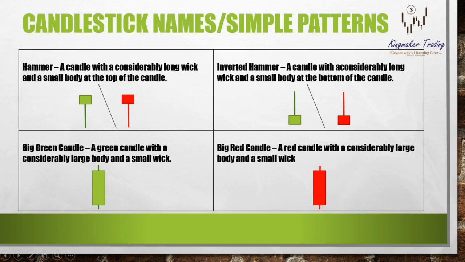So it's possible that the market will continue to go up. And the next candle is big red candle, a red candle with a considerably large body and a small wick. You can also see that in this picture, and it indicates sellers in the market, and it's possible that the market will continue to go down if these types of candles are formed.